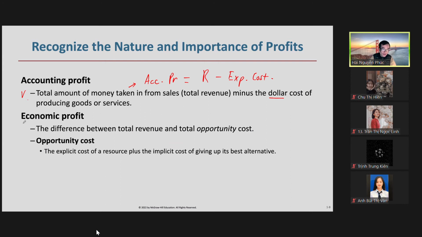What is the economic profit? Economic profit essentially is equal to the total revenue subtract the explicit cost, and then further subtract the implicit cost.